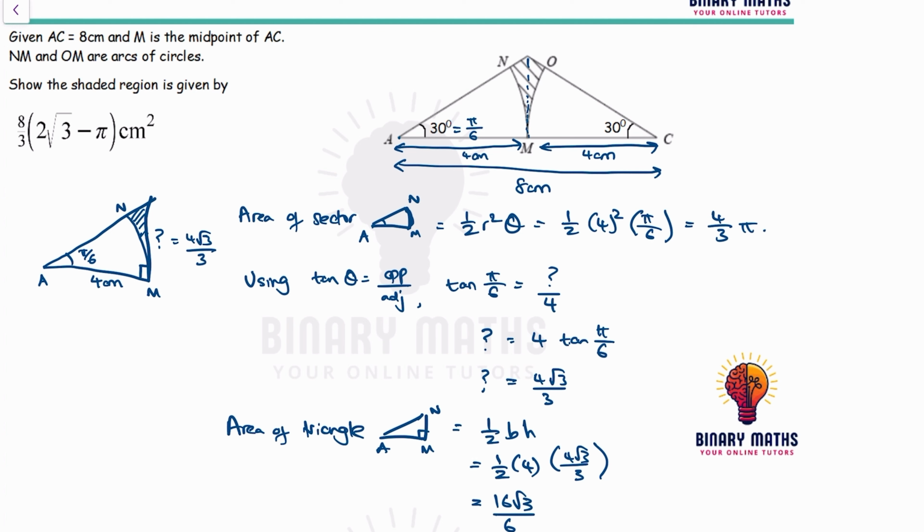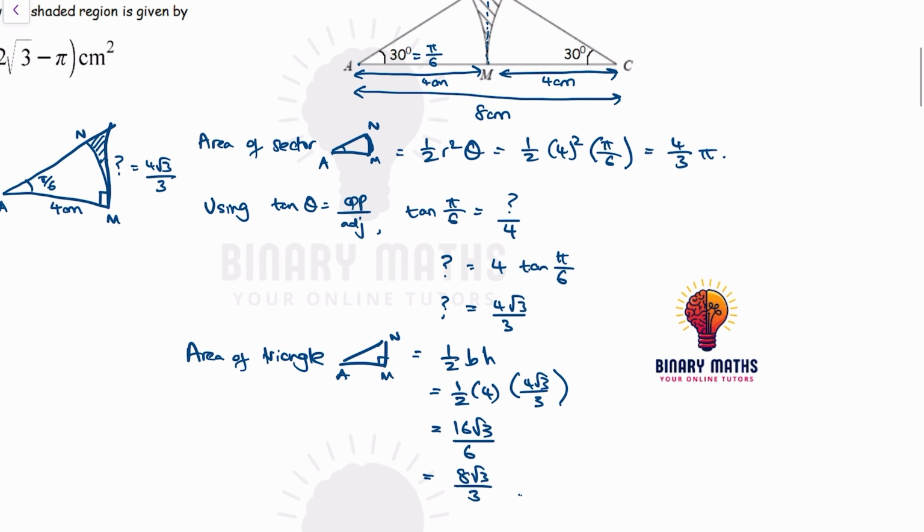Okay, so if I want to work out the area of the shaded part, so this shaded part here, it must be the area of the triangle take away the area of the sector, which is equal to 8 root 3 over 3 take away 4 over 3 pi.